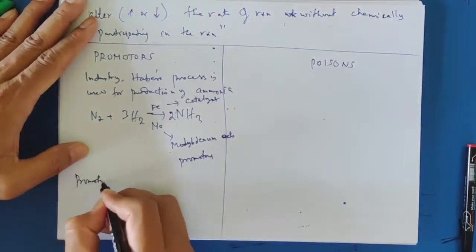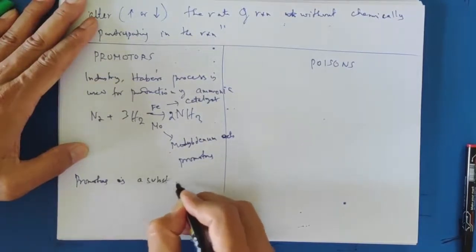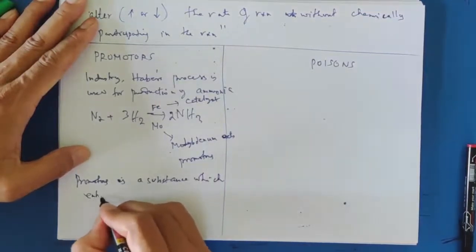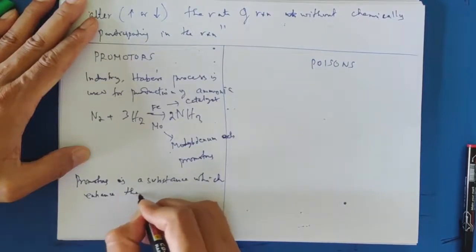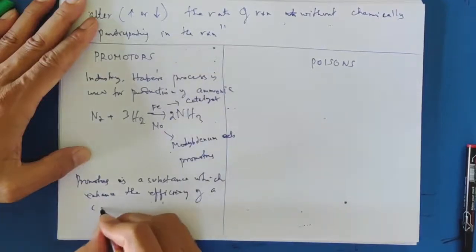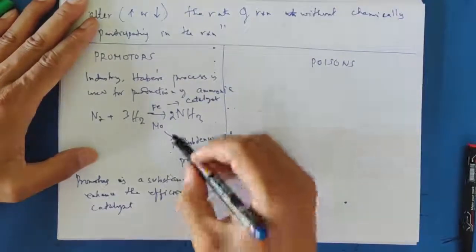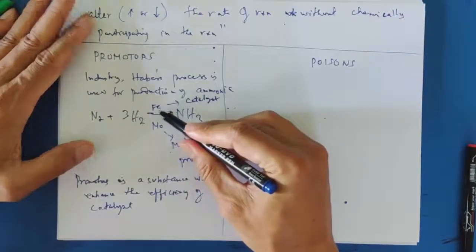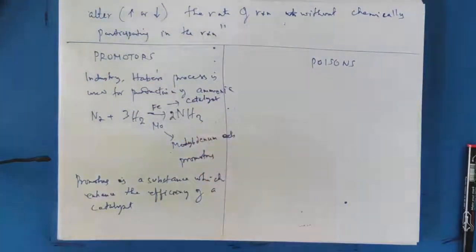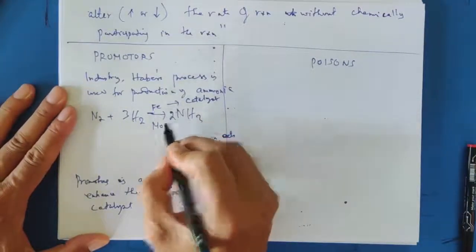Let's define it formally: a promoter is a substance which enhances the efficiency of a catalyst. Molybdenum promotes iron, enhancing the efficiency of iron. So molybdenum is a promoter, and the catalyst is iron.